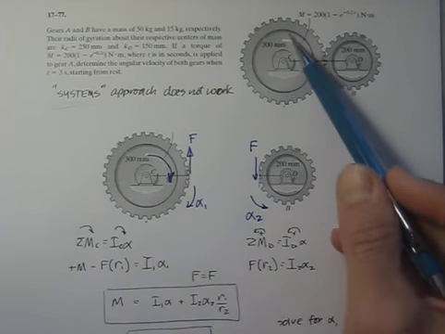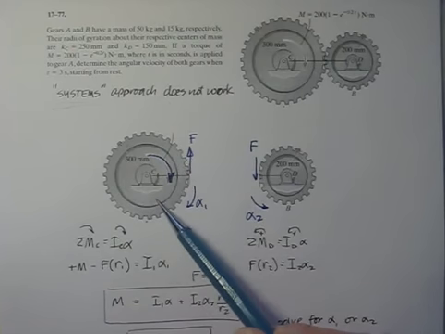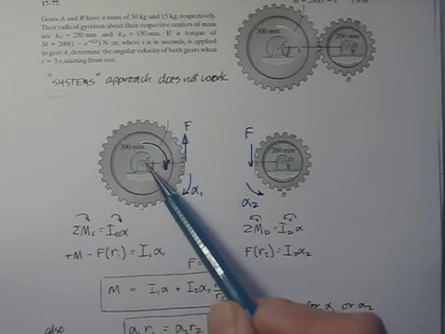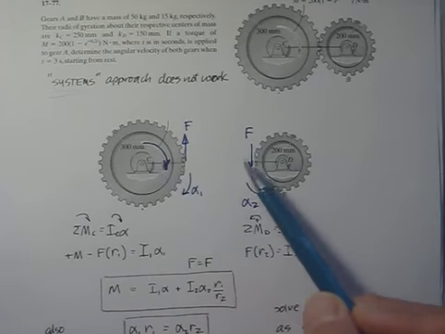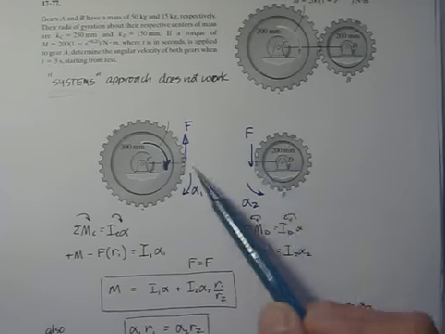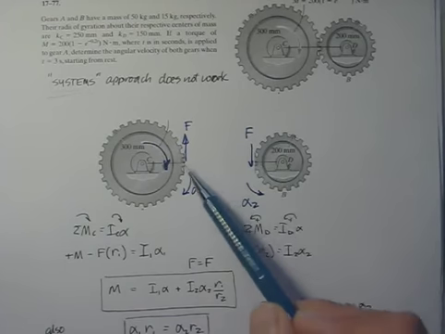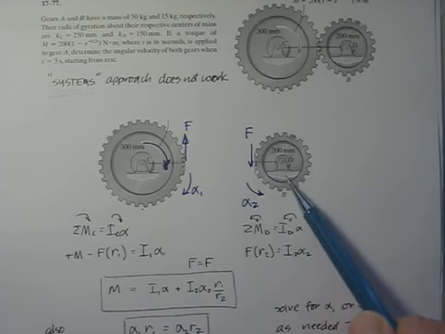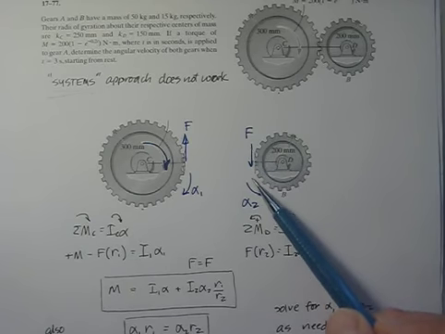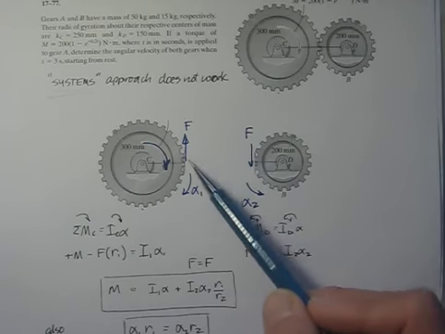So let's look at our first gear. I'm going to draw a free body diagram of the first gear. I'm going to say that sum of the moments about C is equal to IC alpha. I have a moment being driven, and I'm going to have a resisting force at the interface between the two gears. This one's going to be excited by a force pushing it down. That force has to be transferred equal and opposite back to this gear.